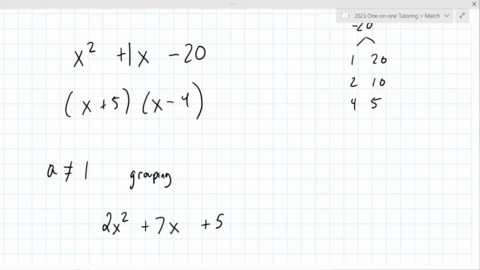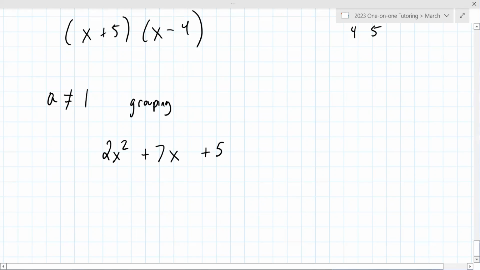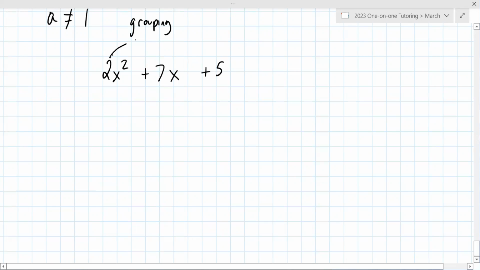What do you do for it? Yeah, so you take the first number and multiply the last. So that's 2 times 5, which is 10. Then you look for all the factors of 10 that now add up to 7. So it's kind of the same as the one we were just doing, but you'll see in a moment that it gets a little bit rougher.